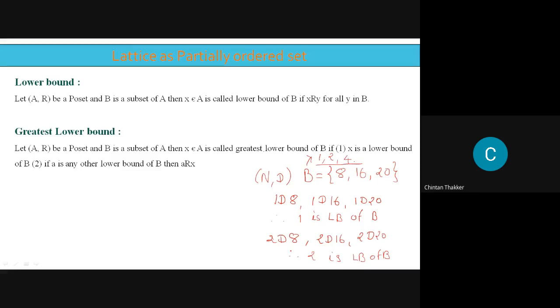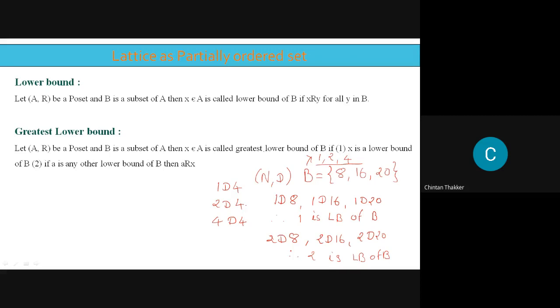Okay. Now see, here we have three lower bounds, 1, 2 and 4. Now 1 divides 4. Okay. 2 also divides 4 and 4 divides 4. So that means all the lower bounds divide 4.